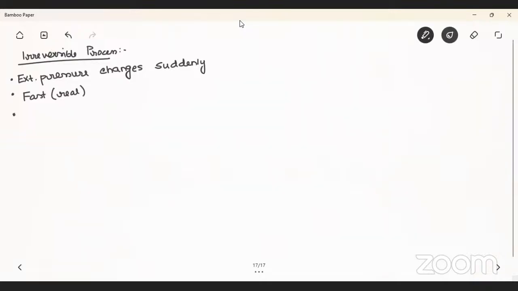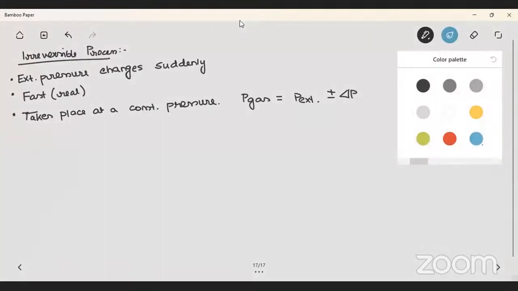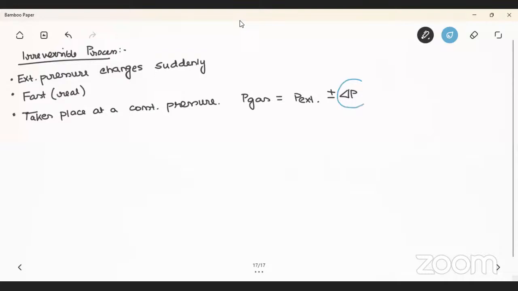Third, this process takes place at a constant pressure. So P of gas will be equal to P of the external plus minus delta P. In the last case, for reversible, we considered this delta P to be 0, right?